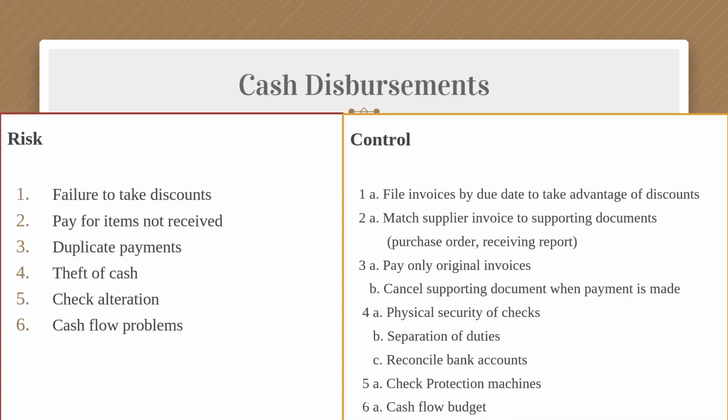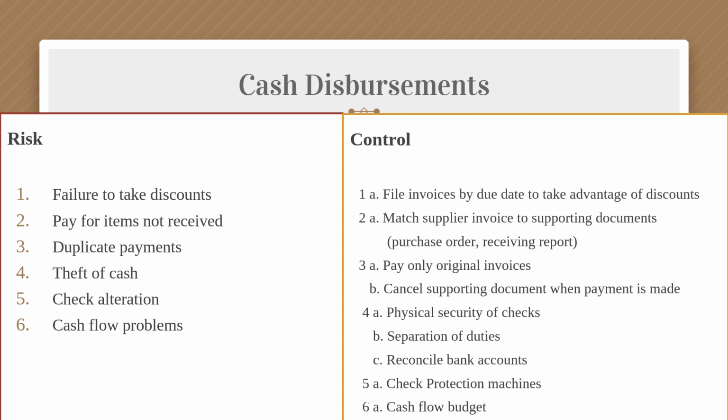Here we have the cash disbursement activity, and we have 6 risks: failure to take discount, pay for item not received, duplicate payment, theft of cash, check alteration, and cash flow problem. So we have a list of controls for each one of these. So maybe we take number 4.